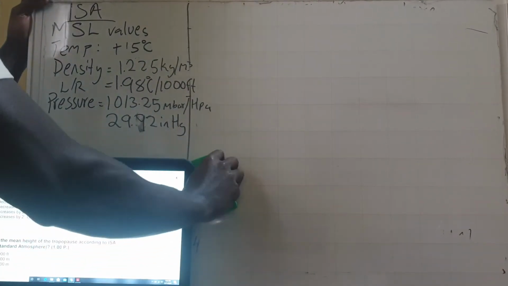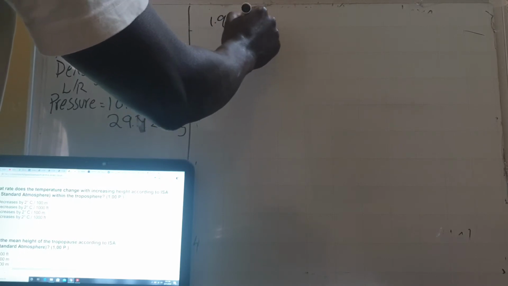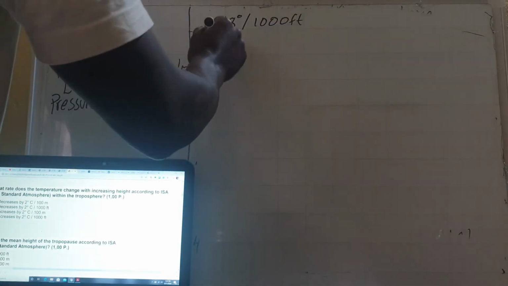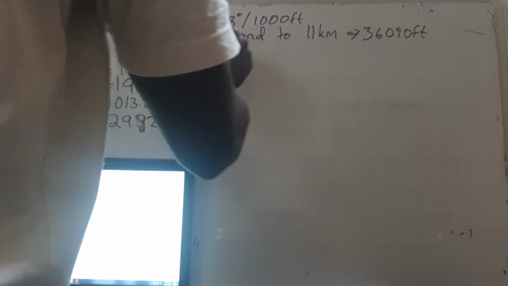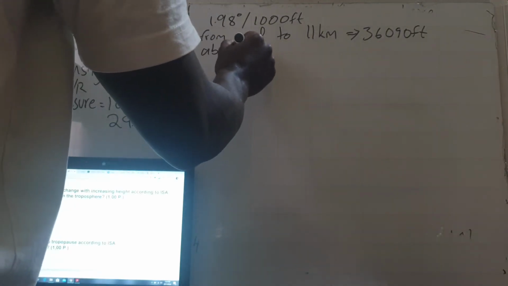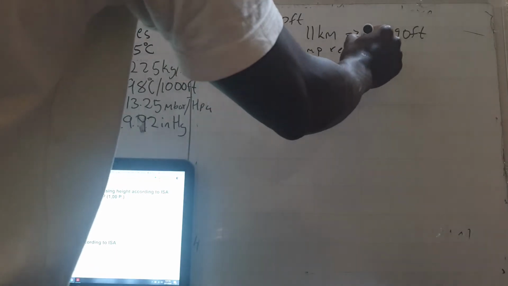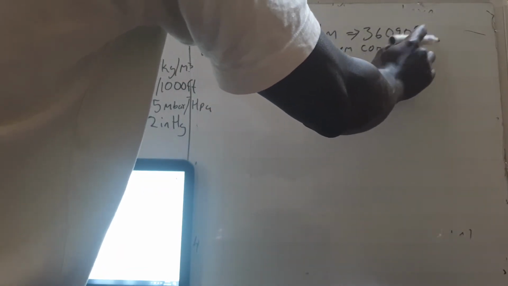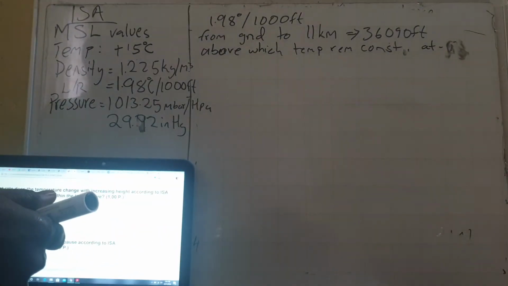So ask yourself, this lapse rate is from the ground, the temperature drops at 1.98 degrees per 1,000 feet from the ground to 11 kilometers, which is approximately 36,090 feet, above which the temperature remains constant at minus 56.5.